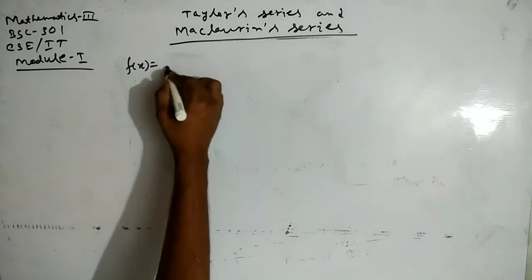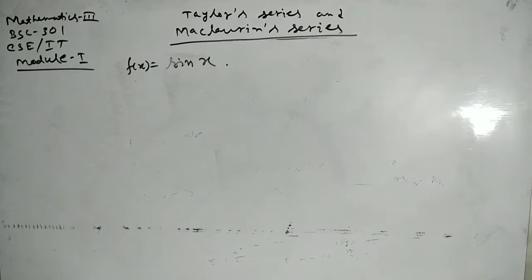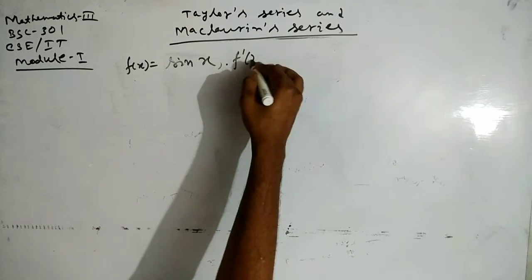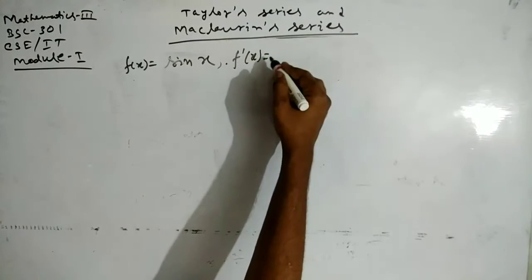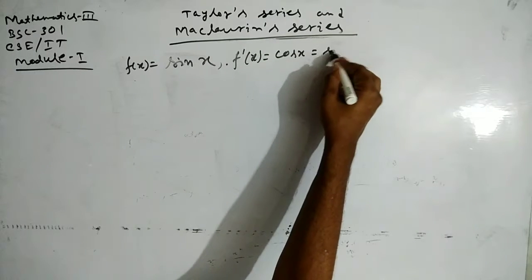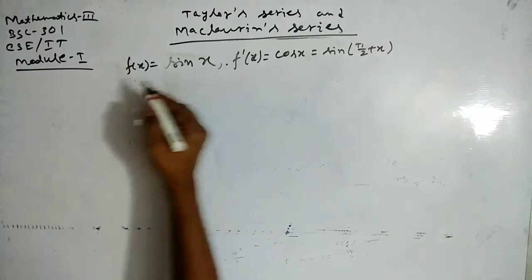Okay. Now I'll take the next function, sin x. I'll now expand the function sin x. Like the previous example, we have to first find the result of the differentiation. So first order will be cos x, and that can be written as sin of pi by 2 plus x.